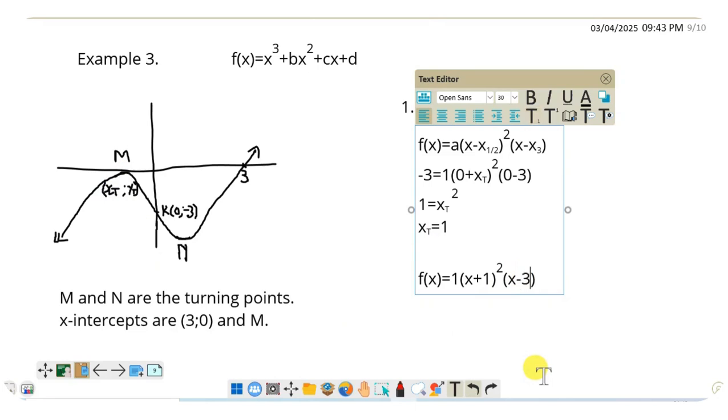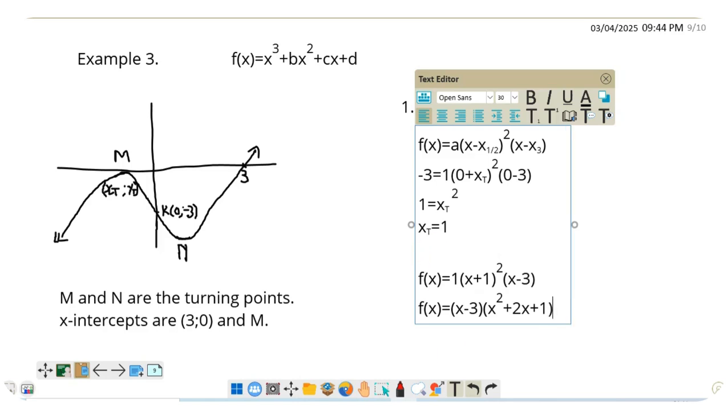So what I need to do here is expand and simplify. F of x equals, I'll start with this one, minus 3, then I will expand one. So this one will become x squared plus 2x plus 1.